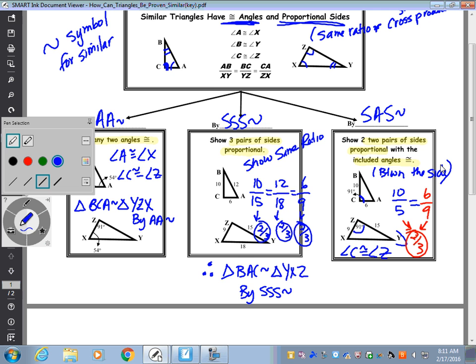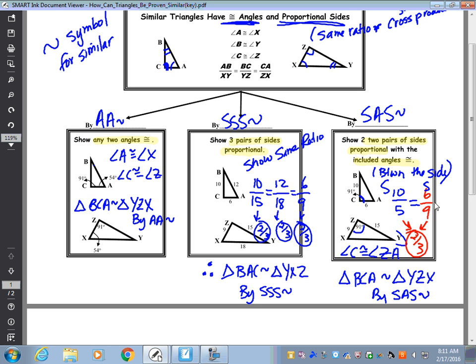So now that I have two proportional sides and the included angle that's congruent, I can say that triangle BCA is similar to triangle YZX by side-angle-side similarity.